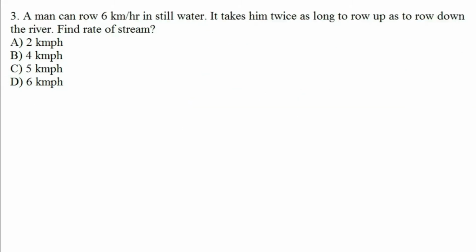Option D. Question number 3. A man can row 6 km per hour in still water. It takes him twice as long to row up as to row down the river. Find the rate of stream. So speed of boat in still water equal to 6 km per hour. He takes 2 times upstream than downstream.